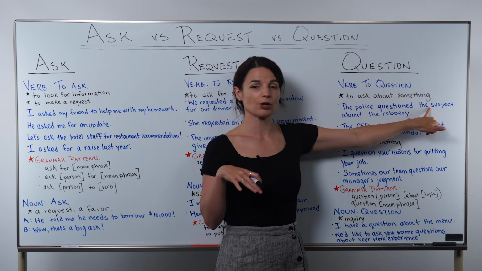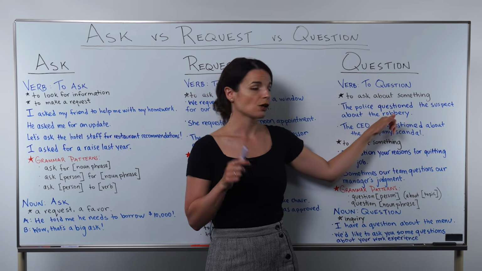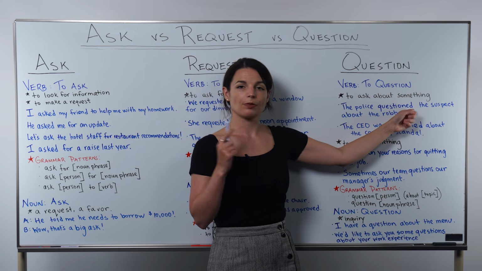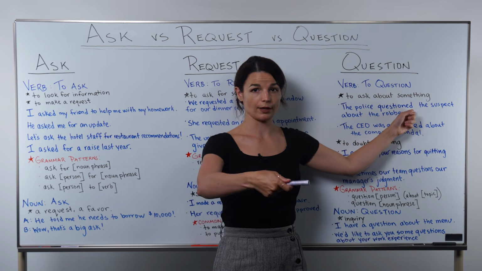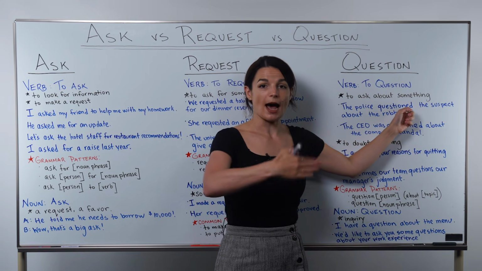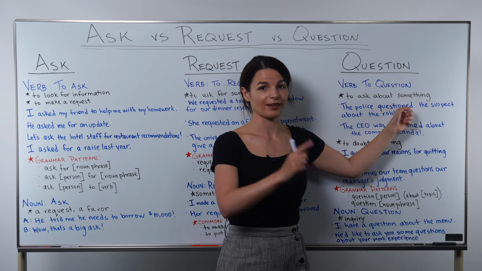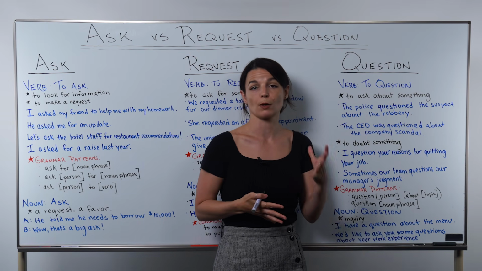So questioned the person about the topic, the robbery in this case. The use of this verb makes it sound like the police asked a lot of things, but we use only one verb, right? Questioned means they asked many, many questions, not just one. So this is the usefulness of the verb question.